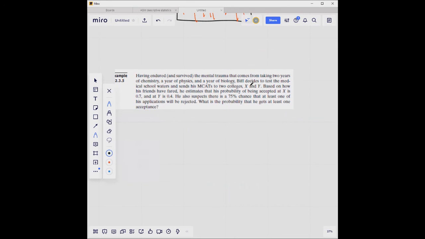So we have a student who is applying to two colleges, X and Y. Probability of being accepted at college X is 0.7. Probability of being accepted at college Y is 0.4. Also, he suspects there is a 75% chance that at least one of his applications will be rejected.